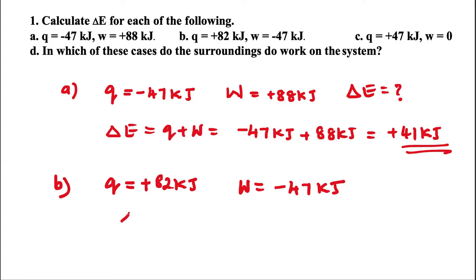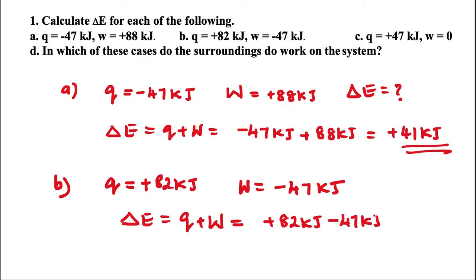So here the formula is delta E equal to Q plus W. What is the Q here? 82 kilojoules minus 47 kilojoules. So 82 minus 47, how much is that? That is around 35. So positive 35 kilojoules of energy. So that is our problem B.